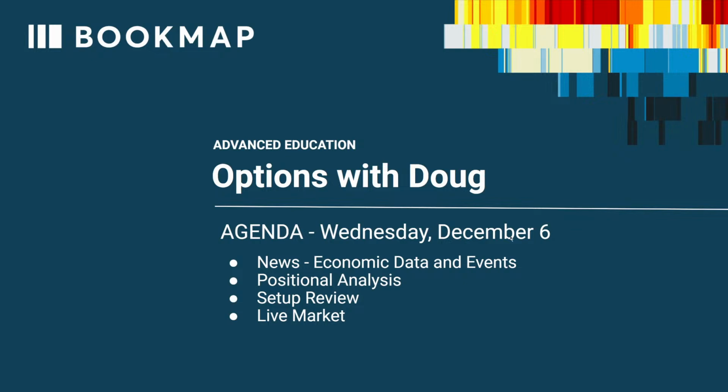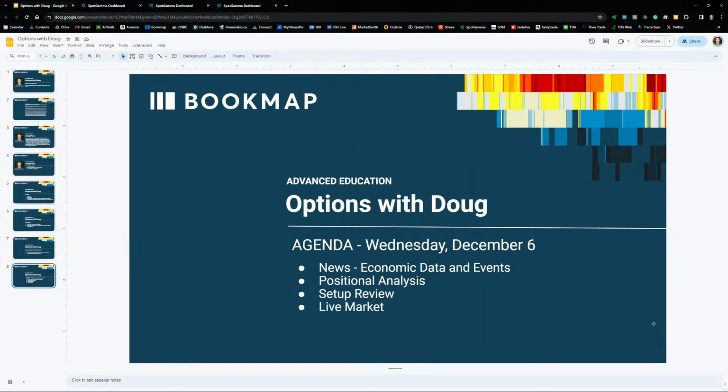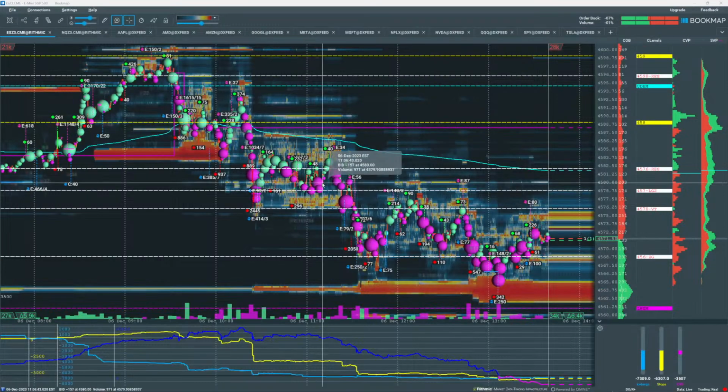First of all, the ADP employment change data came out at 8:15 a.m. Eastern Time. And let's just take a look at the S&P 500. So that was at 8:15. And then at 8:30, there was also some additional data, labor cost. So the ADP report came out less than expected, less than previous.